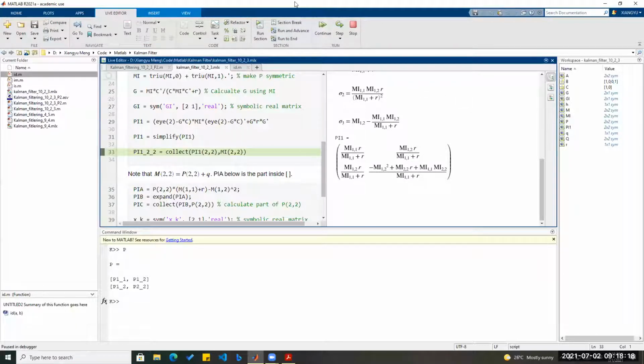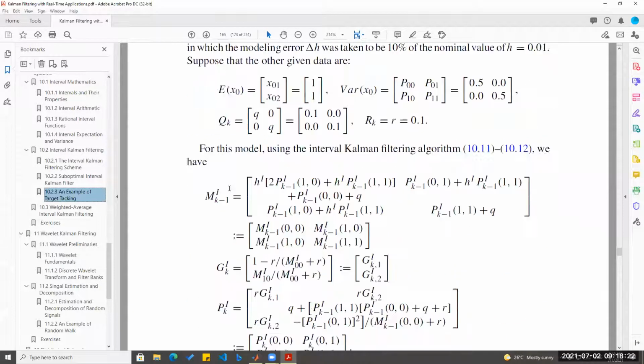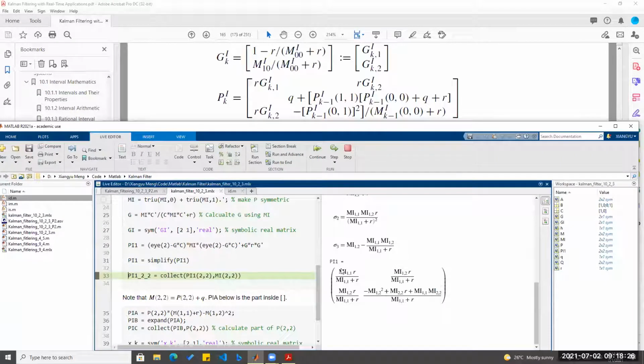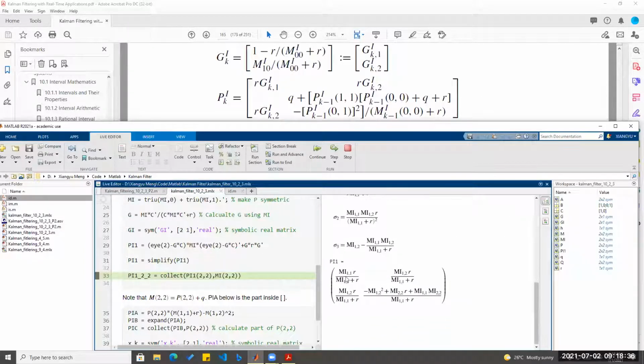Then we can compare it with the example here. If you still remember, this is the G1, which is M11 over M11 plus R. This is just R times G1.